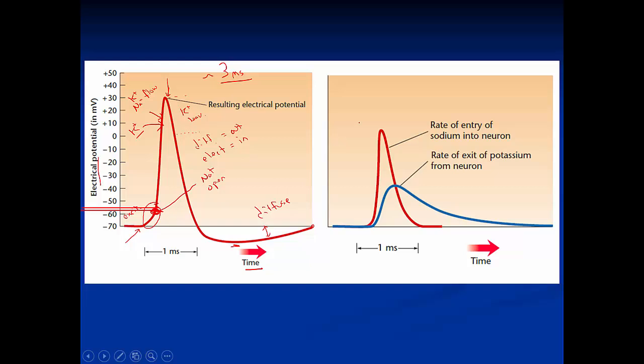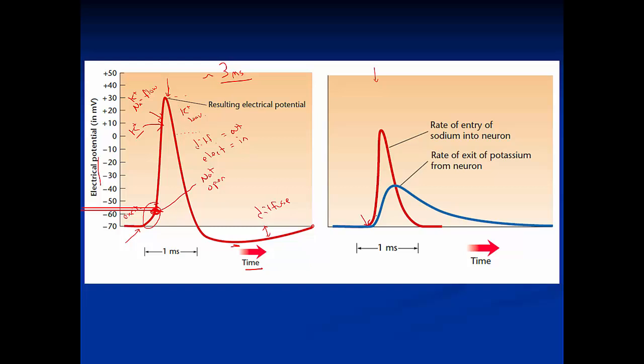Okay. Now, this basically is just showing what I was talking about in terms of a time where both sodium and potassium ions are both flowing. Right here, right, what allows sodium to flow in? Opening of those channels. So right here, the sodium's flowing in.